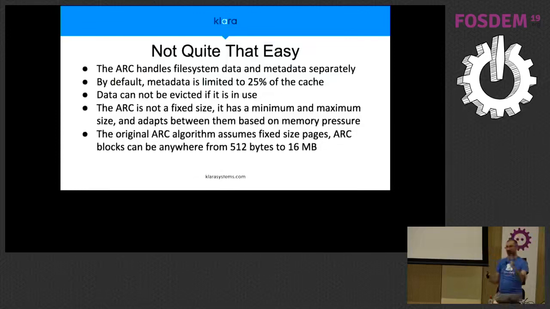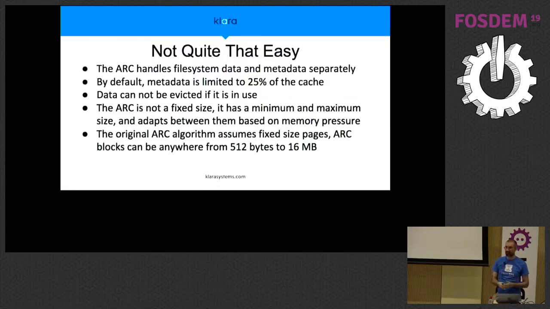So in addition to changing the partition value, the p-value of how much is for MRU and how much is for MFU, the actual size of the cache can grow and shrink over time. And unlike in the original ARC paper, you can't evict any data that's in the ARC. Sometimes the data that's in the ARC is currently being used, right?